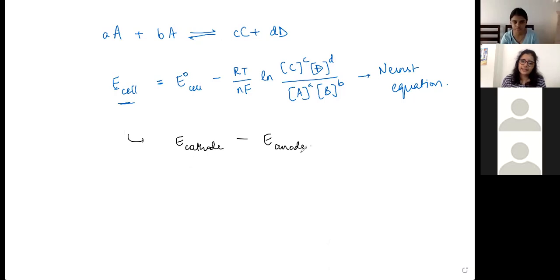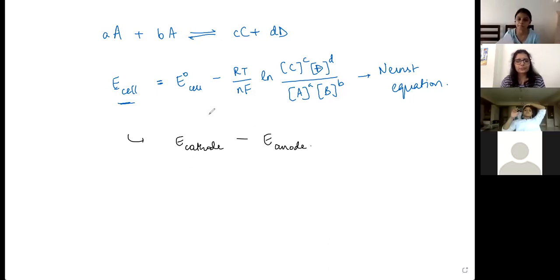Then E anode is E naught anode minus RT by NF ln, which will again become common, and then you'll get the same. So when you do the subtraction E cathode minus E anode, you essentially land up at this particular equation. That's the reason I've given this equation directly, but that's essentially the derivation. From the individual half reactions, you add them to get this. Okay.